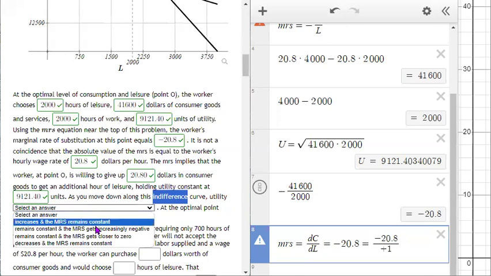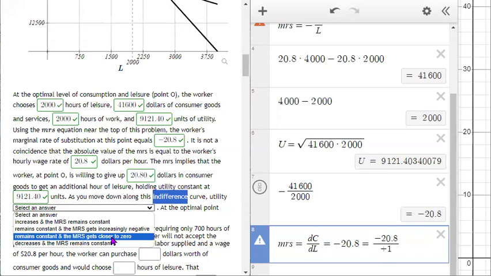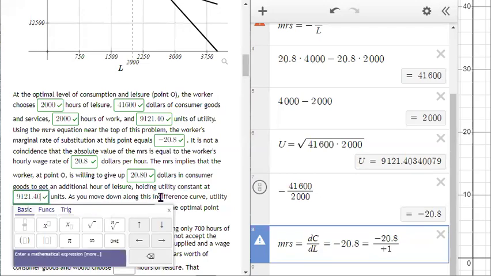So which one is appropriate? Utility remains constant, and the marginal rate of substitution gets closer to 0. MRS is the slope of the indifference curve, and that's getting closer to 0.